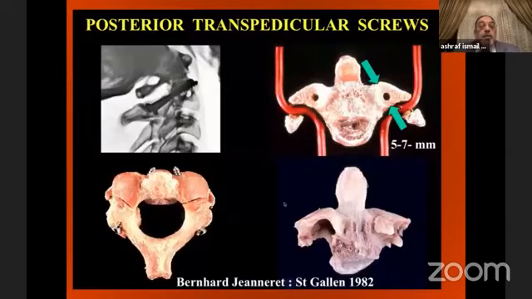We see here the technique of the transpedicular, trans-isthmic screw, as we see here, down on the left. We see how it is near the vertebral artery, so it is actually some sort of surgical challenge.